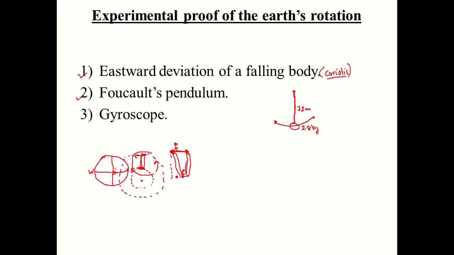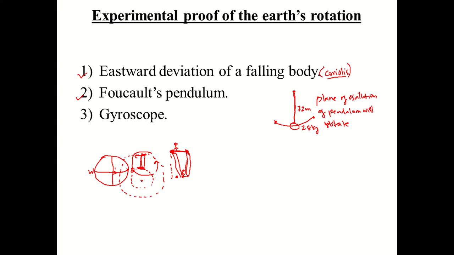When a Foucault pendulum is set up at any point on the surface of the Earth except at the equator, you can see that the plane of oscillation of the pendulum will rotate from east to west.